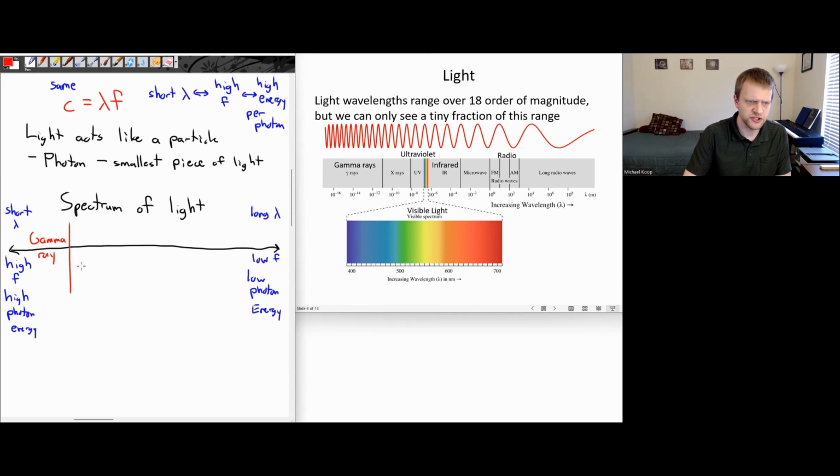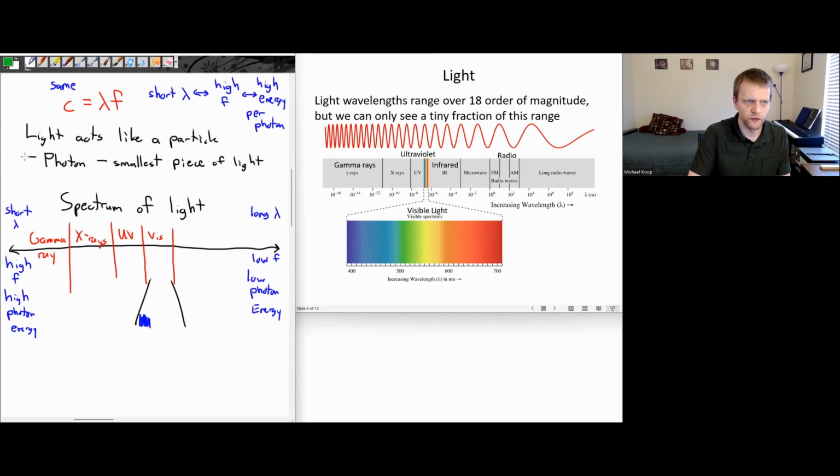We've got gamma rays, and then we've got X-rays. Then we've got ultraviolet light or UV light. And then we have that range of light, that visible spectrum. So this is the visible light. And within that visible light, the shortest wavelength part would be the blue light.